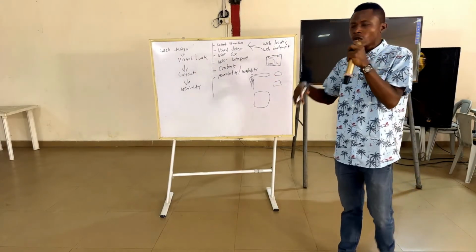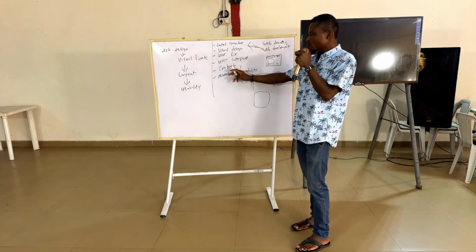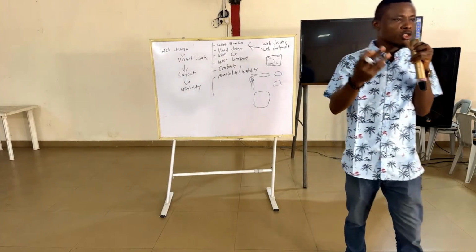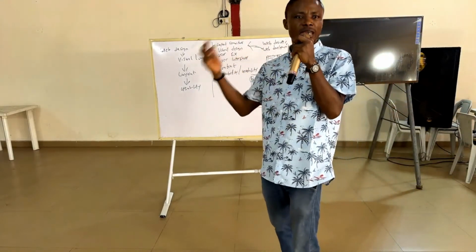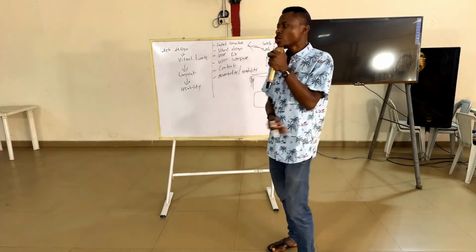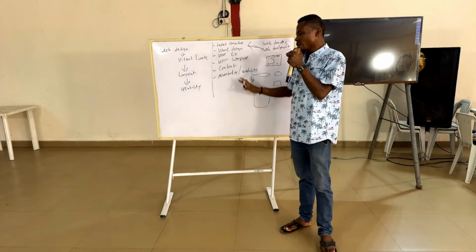All of those are the interface. Then the next one is the content. Content is more of the text, the pictures, the videos that you see on the site, probably on Instagram or Facebook. Those are the contents. Then the accessibility and usability.